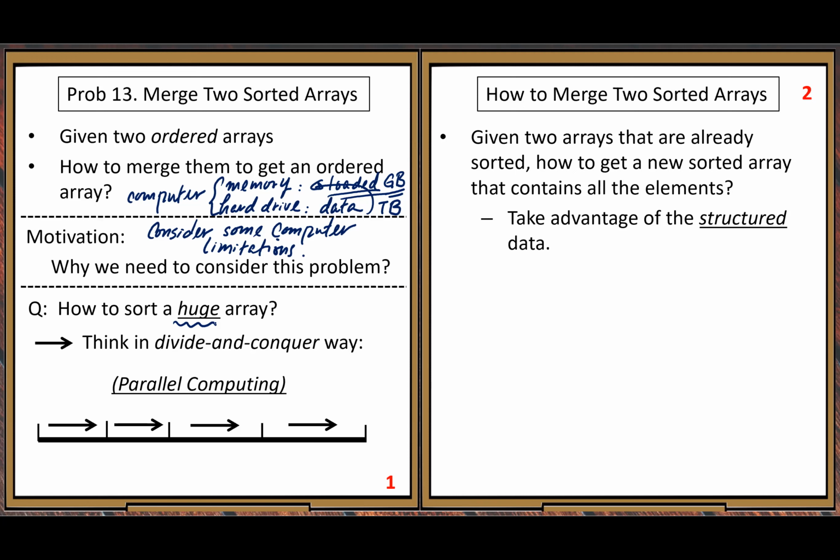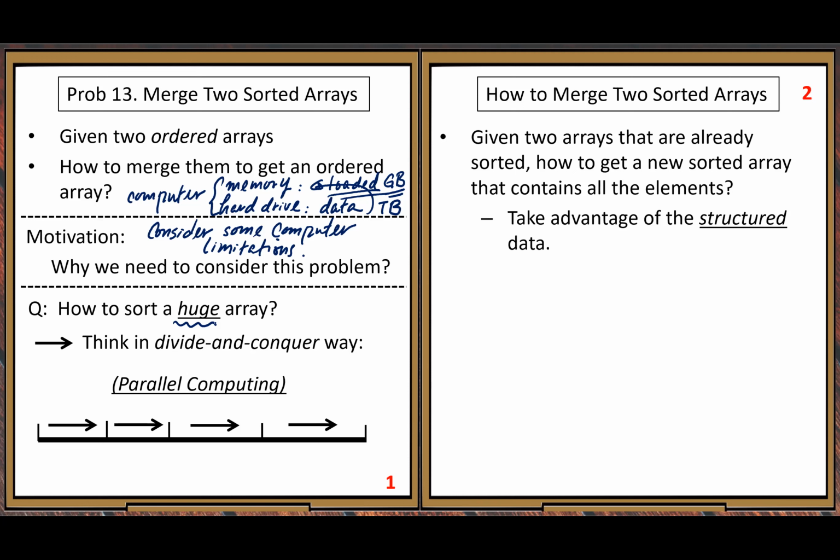The main thing is that we should not start over again and just run a sorting algorithm in a blind way, because you do not consider any special structure you already have. Then you won't get good performance.